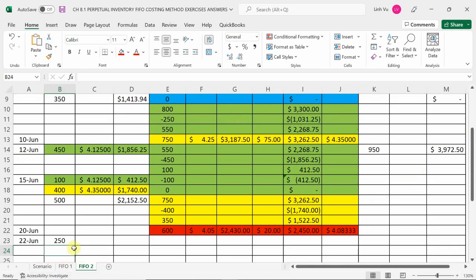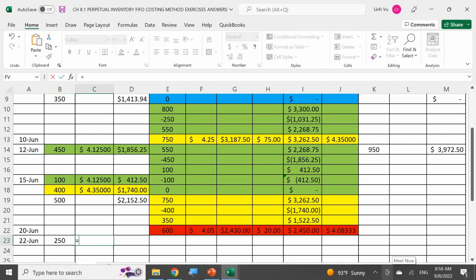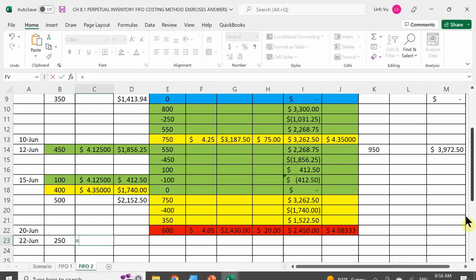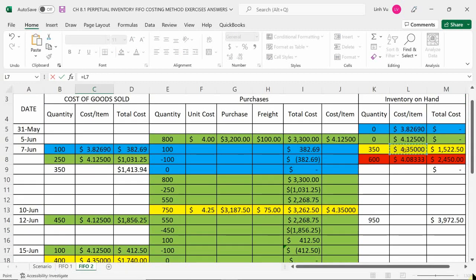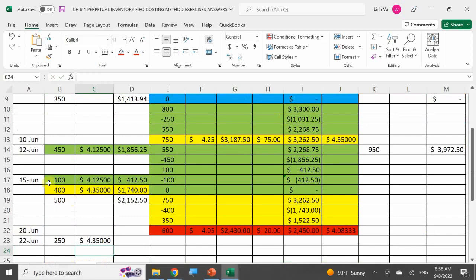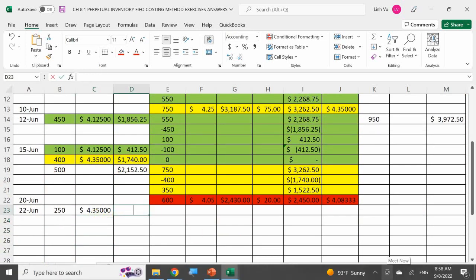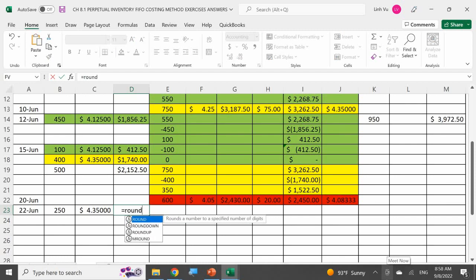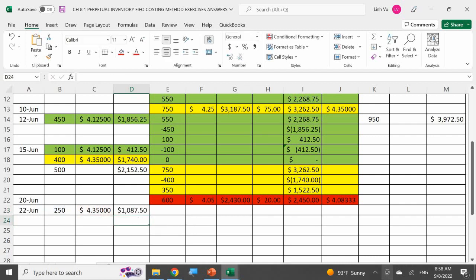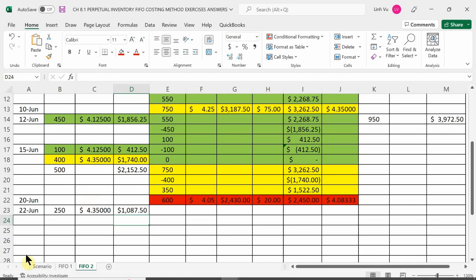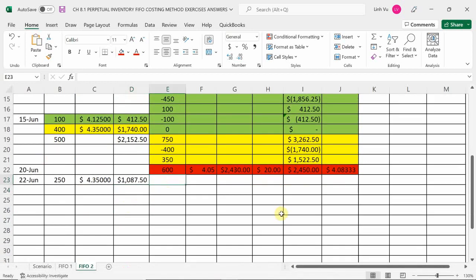Good. 250 at the yellow, which right now has a cost per item of that $4.35. So what is my total cost of goods sold for selling 250 units at $4.35? 1087.50. Good.